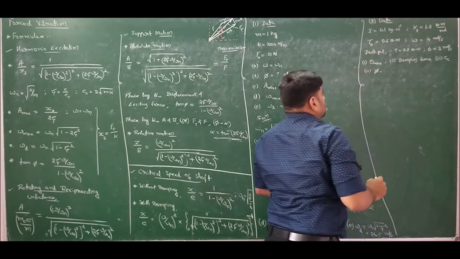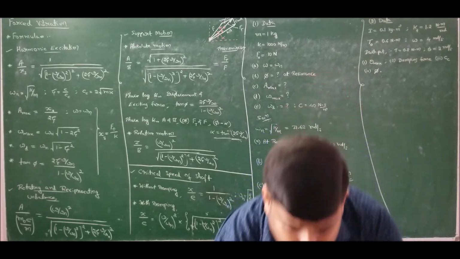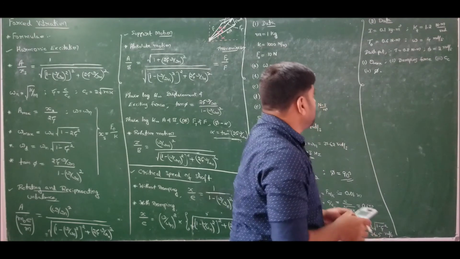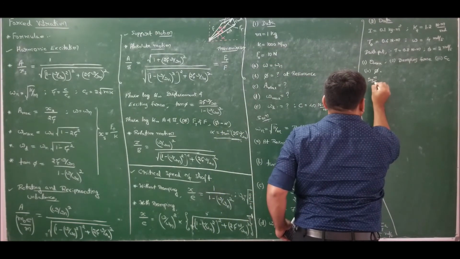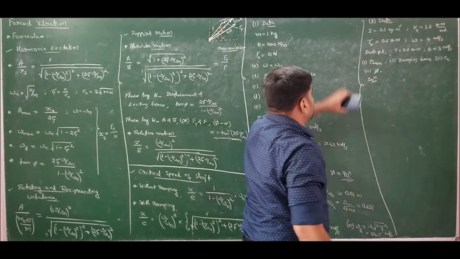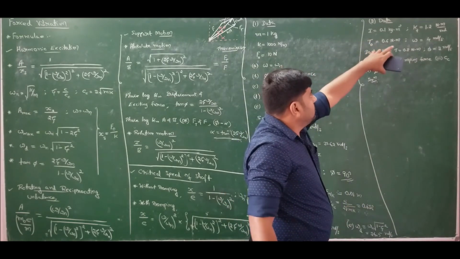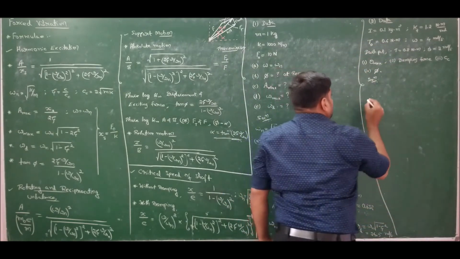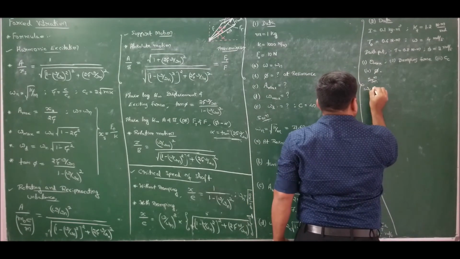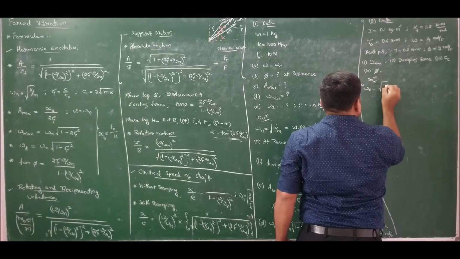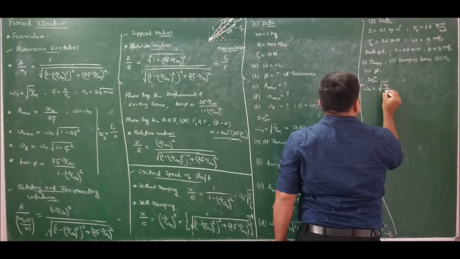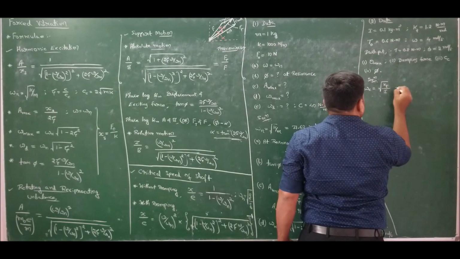Now let us solve this problem. Moving ahead to the solution of problem number 2, we know the mass moment of inertia and the torsional stiffness, so I can find the natural frequency omega n. Omega n is equal to root of k by m, so k should be replaced by kt and mass should be replaced by mass moment of inertia.